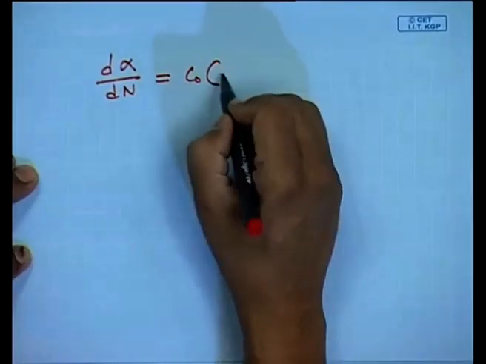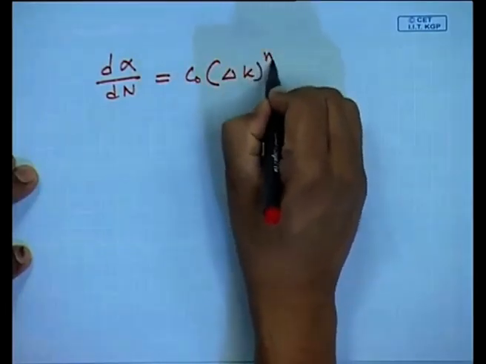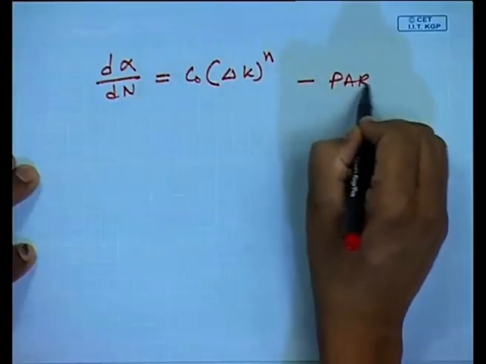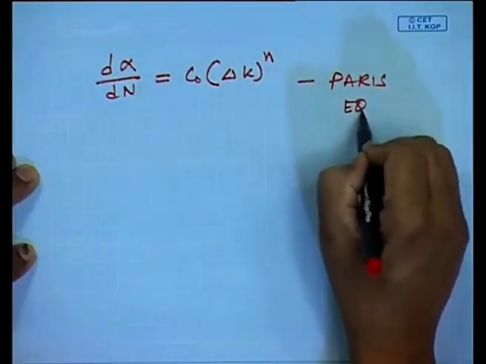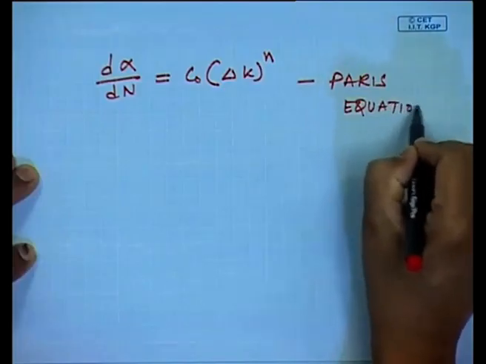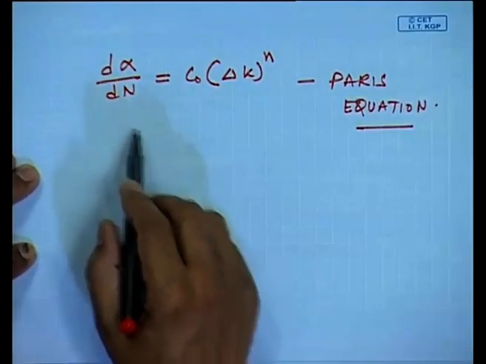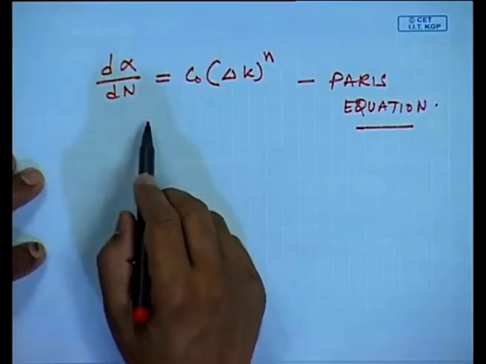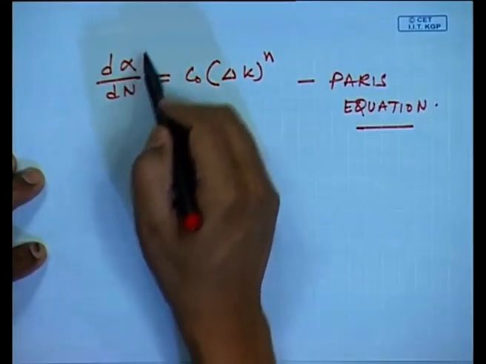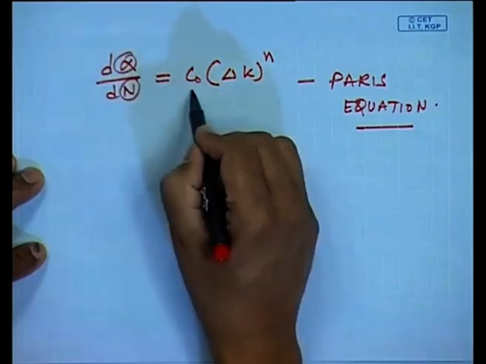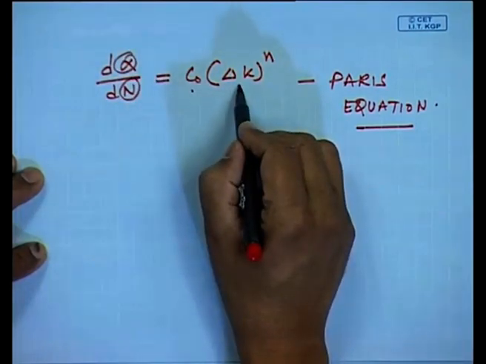C naught is a material property and n is also a material property, and this is known as the famous Paris equation. From such an equation we can estimate the crack length or dimension, the number of cycles, the material property, and the stress intensity level.